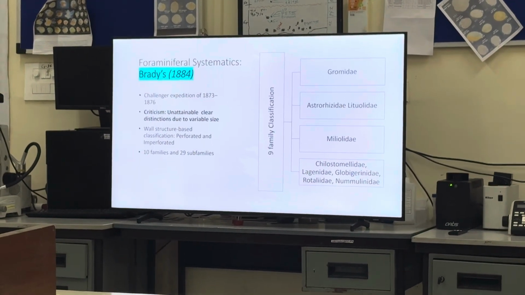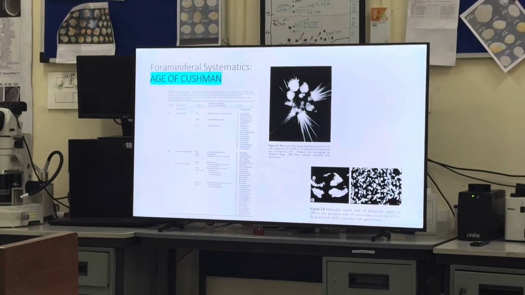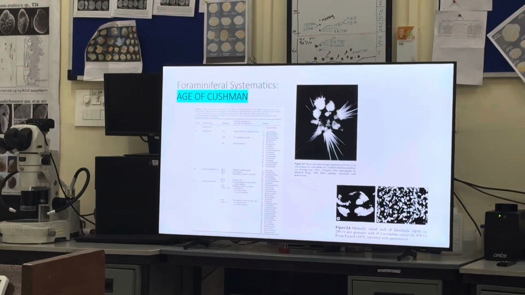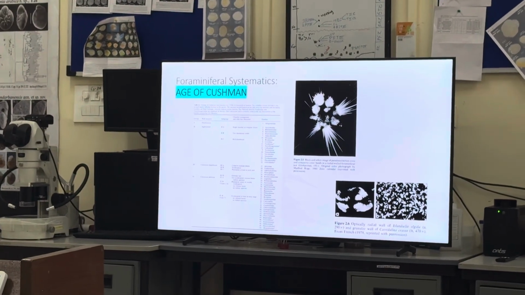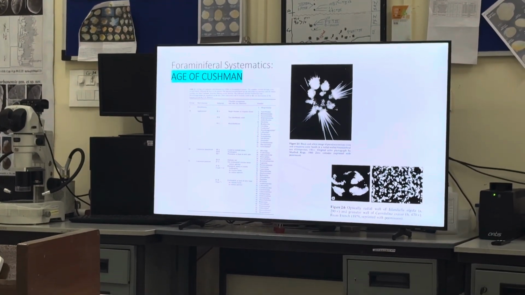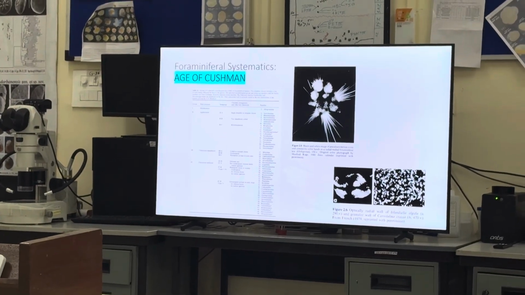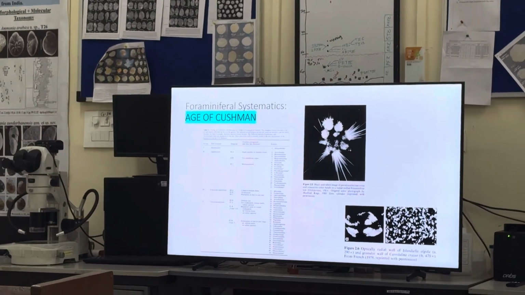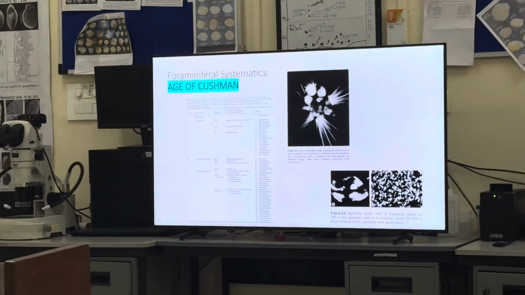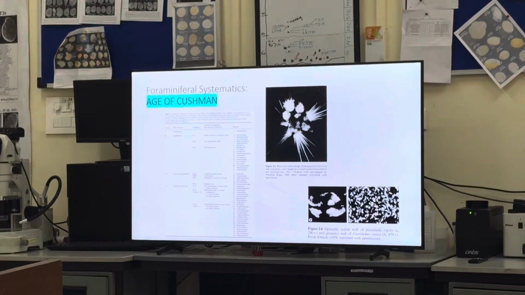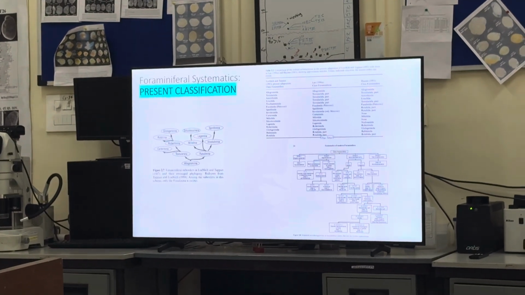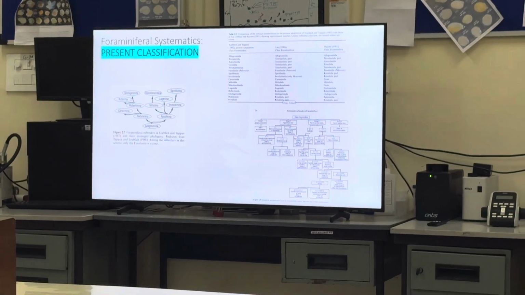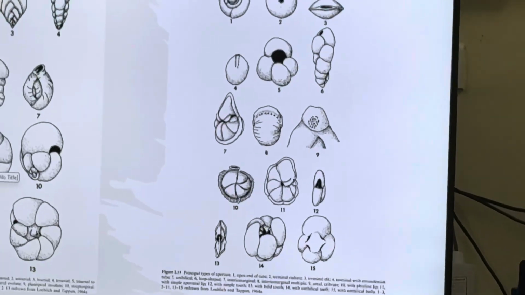This 9 family classification was then again reclassified into a total of 4 forms, wherein agglutinated were distinguished from calcareous from hyaline. Hyaline foraminifera are porcelaneous in nature. They also have a calcium carbonate shell, but the shell composition is different. Okay. And this is the final foraminiferal classification which we still use for identifying and for taxonomy.